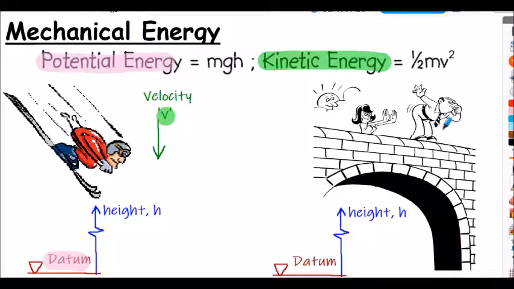Here, the man who's about to experience a push off the top of the bridge has potential energy relative to the datum at the bottom of the bridge. So from his stationary position at the top of the bridge, as soon as he's pushed off the bridge, his potential energy will convert into kinetic energy and he will have some velocity on impact as he hits the ground. So what we're considering here is transfer of energy from potential to kinetic, and that's one of the considerations we'll be reviewing in this presentation.